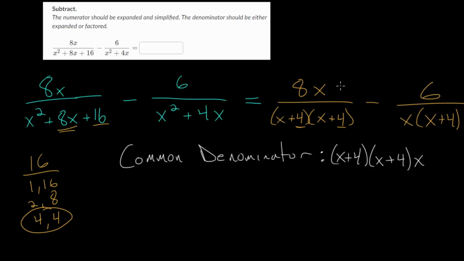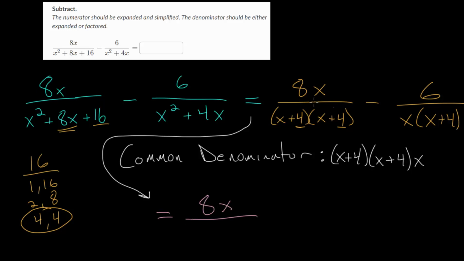So if we multiply top and bottom of this first expression by x, and top and bottom of the second expression by x plus 4, we would get our common denominator. So let's do that. We can work down here. And so we get 8x over, and I'm going to rewrite this as x plus 4 squared. We can multiply the top and bottom by x.